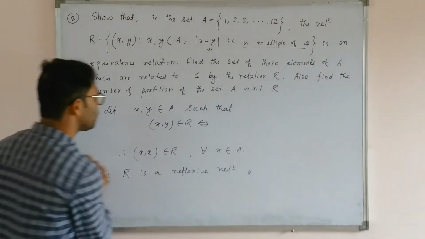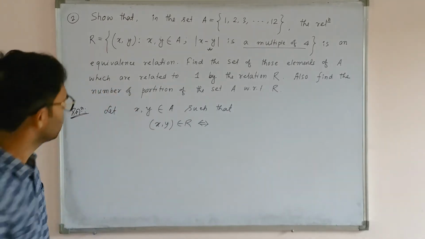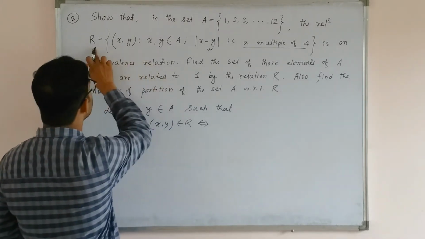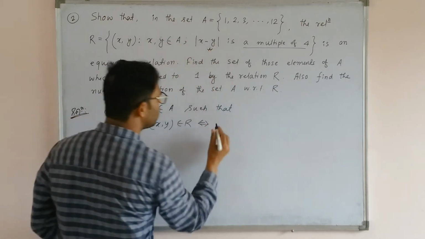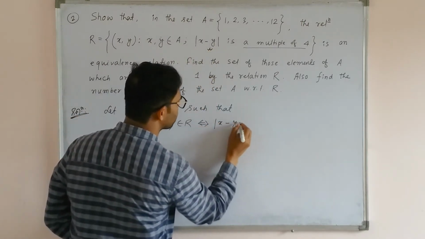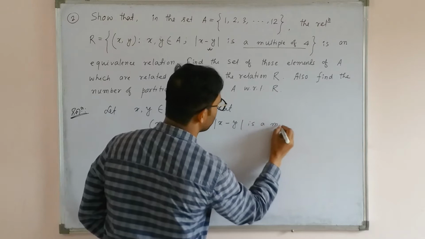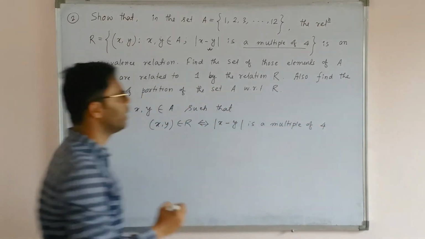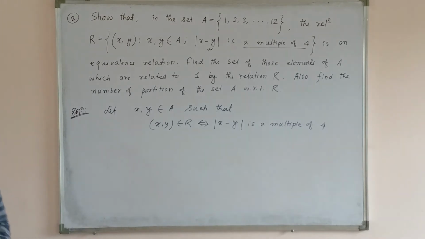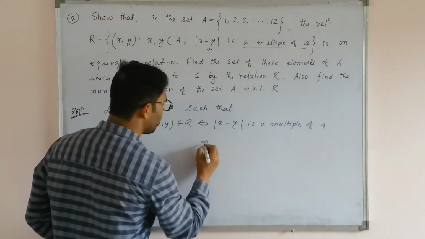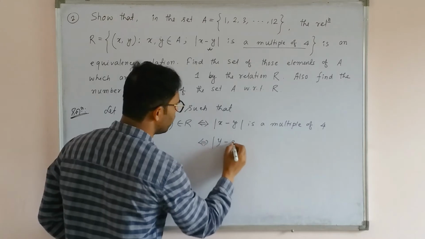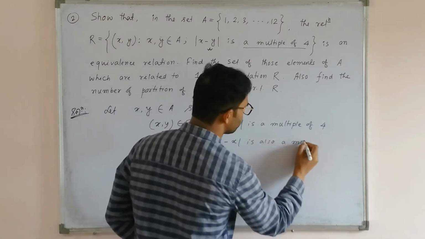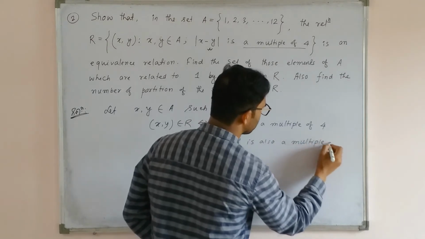So তার কারণে xy, as we have taken xy is in R, যেতিয়া মই xy R কৈছো, consequently তুমি লগে লগে লিখিব পাৰিবা modulus of x minus y is a multiple of 4. লগে লগে তুমি ক'ব পাৰিলা যে x minus y এটা 4 ৰ গুণিতক, and that implies, and is implied by, obviously. So y minus x is also a multiple of 4.